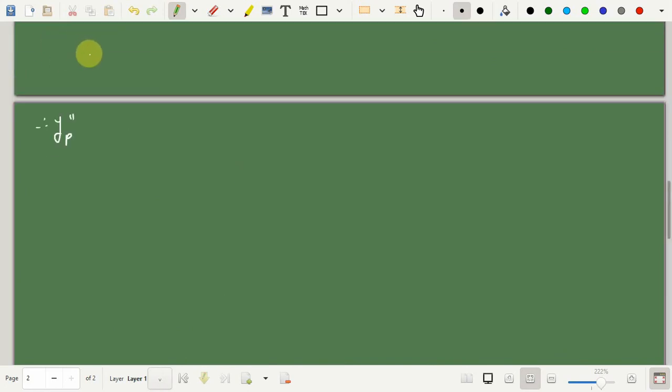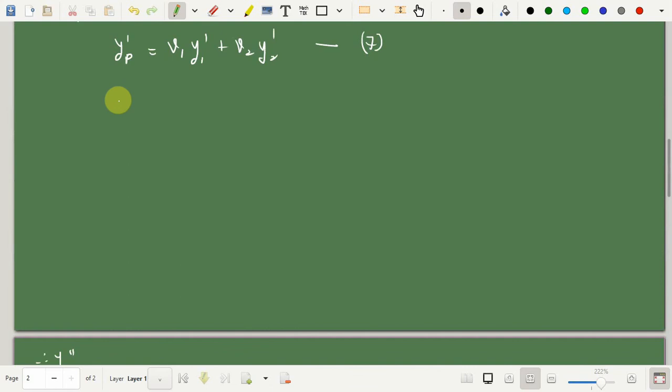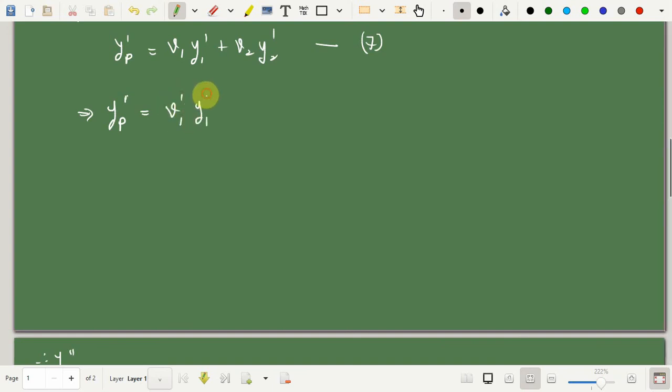Therefore yp double prime, I can write it over here, yp double prime would be the same as v1 prime y1 prime plus v1 y1 double prime plus v2 prime y2 prime plus v2 y2 double prime. I'll call this equation 8.